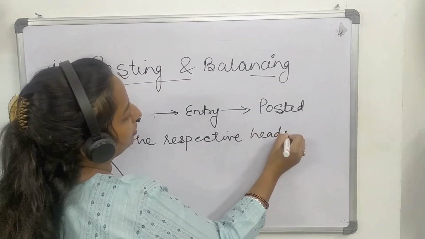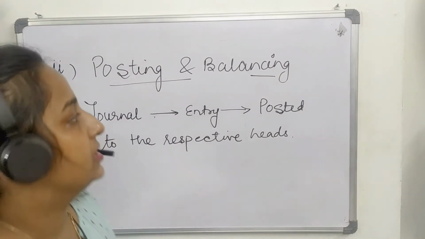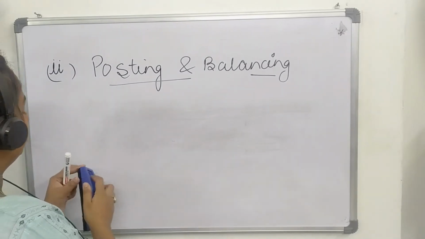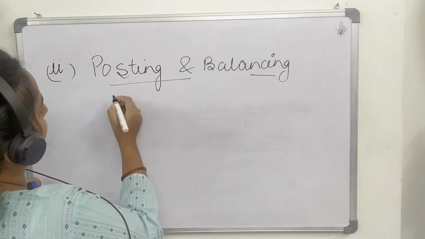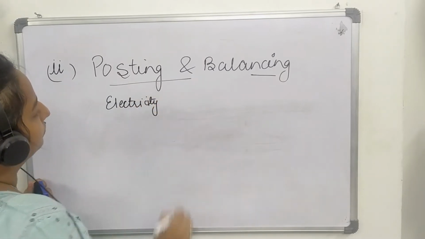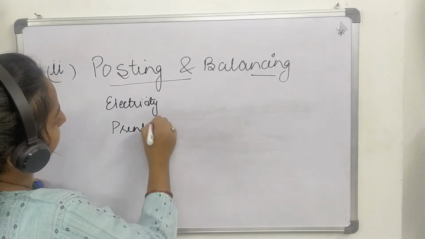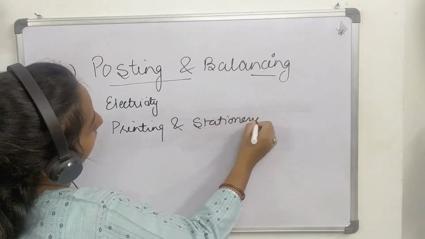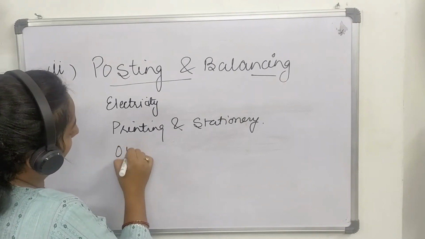Let's have an example for this. Suppose in a month, say the month of July, we have expenses named electricity, printing and stationery, and other expenses.